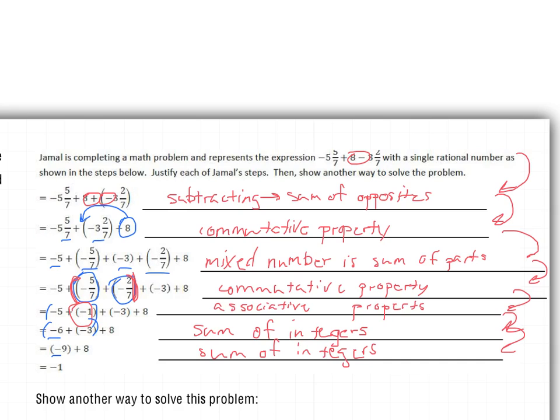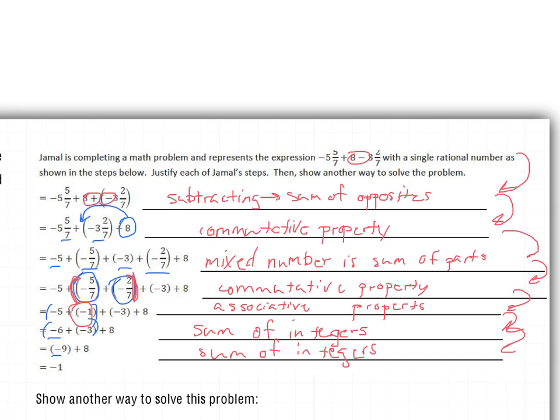So a couple things to ponder before you move forward is thinking about the ideas that we've covered in the past few days. Being able to write subtractions as adding opposites. Being able to break apart mixed numbers into individual pieces. The whole point of this is being able to move to an answer more efficiently, to answer things more quickly, so we can break apart numbers and move them together so they're in more compatible terms.